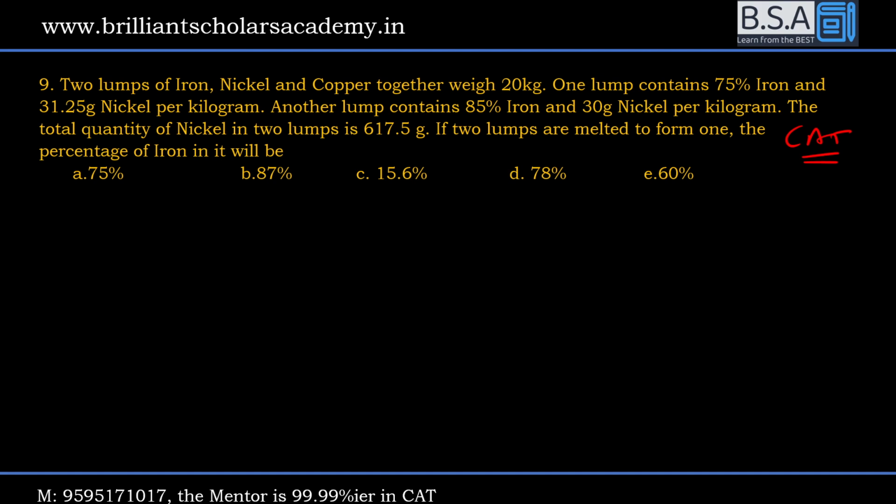And then there are many hints given to us. Look at the screen. Now you are going to mix this and create a single piece of 20 kilograms. Now remember the law of averages. When you combine two things, the overall average will always be between the extremes. Between 75 and between 85, do you see any number on the screen?